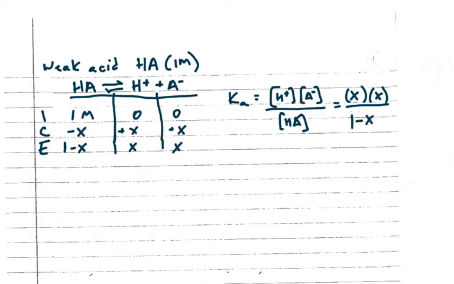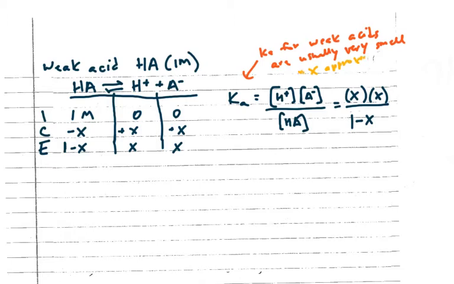All right, so since the Ka's of weak acids are usually very small, like 10 to the negative 8 to 10 to the negative 5, we know that if the Ka is small, then we can use that X approximation technique to solve it.